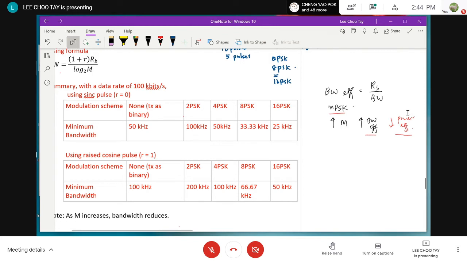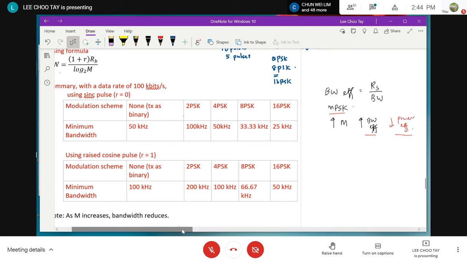That actually reduces the power efficiency. So when you use MPSK, you can save bandwidth by using a higher M level, but if you do this, you may have to boost your signal power in order to maintain the same probability of error.